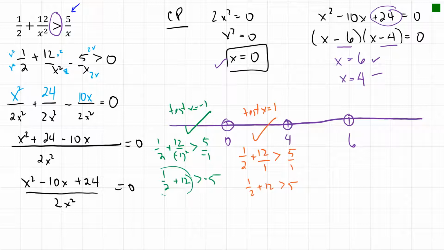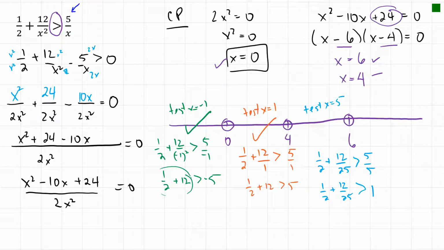Now I'm moving into the third section, which is test x equals 5. And I have 1/2 plus 12 over 25. Is that greater than 5 over 5? So 1/2 plus 12 over 25, is that greater than 1?